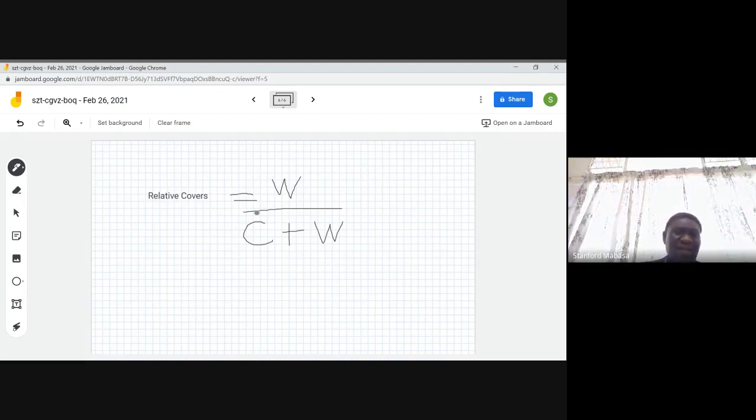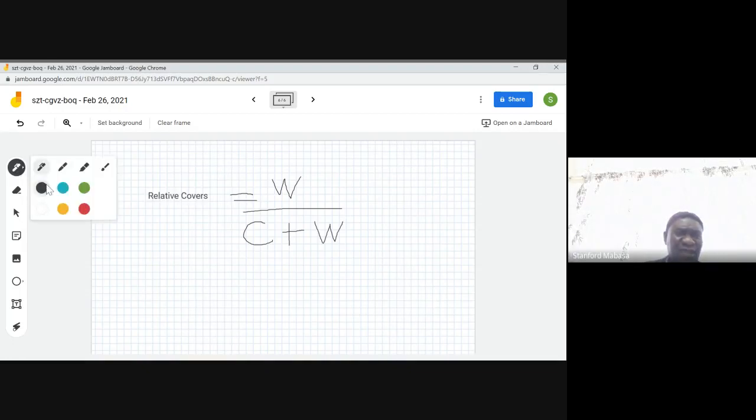And this expression gives you a relative cover, which we shall call RC. So this is what we are going to plot against yield loss.